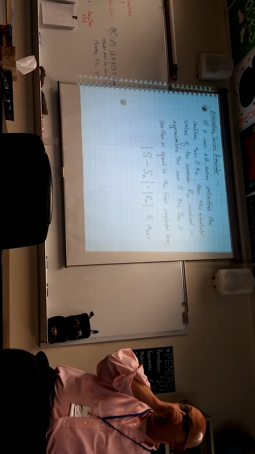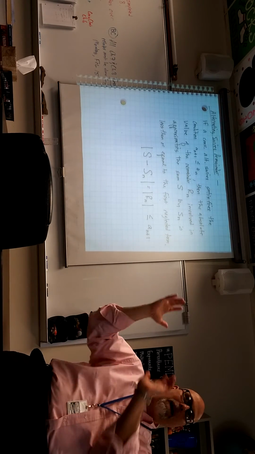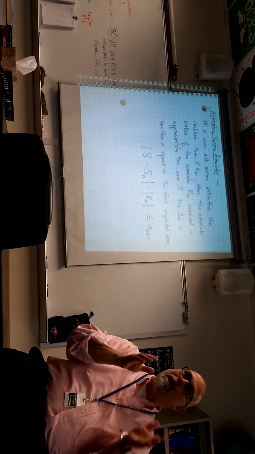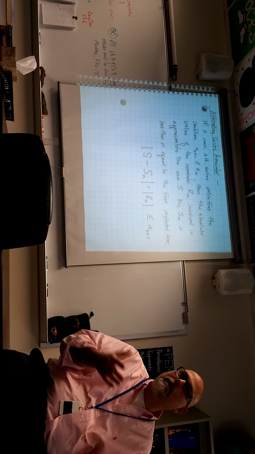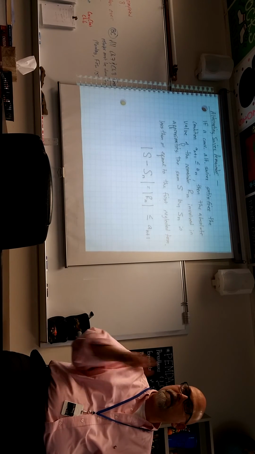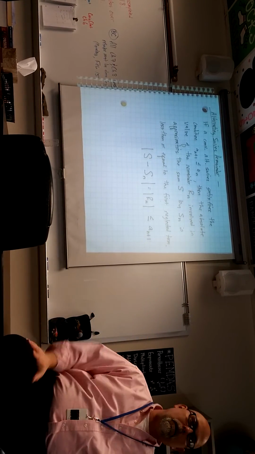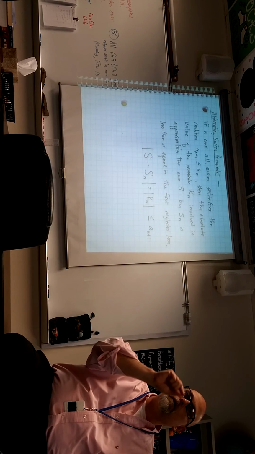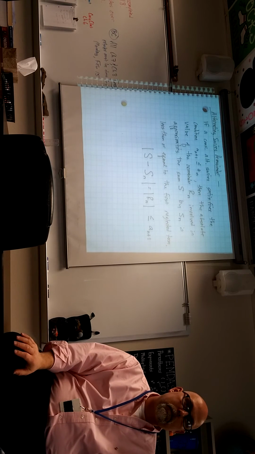Okay, so the remainder is that difference. The actual sum, which we do not know, minus the sum of a finite number of terms, a small number of terms, because I still have to do the math there. That's going to be my remainder. And the thing is here, that remainder has to be less than or equal to, in this case, the 6th term.